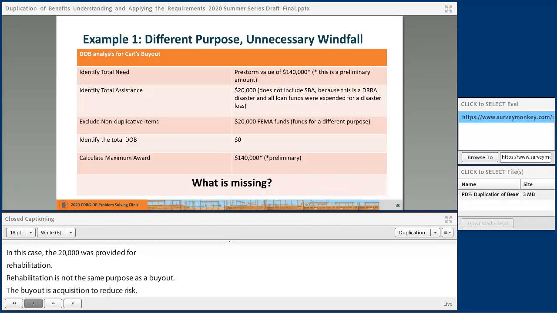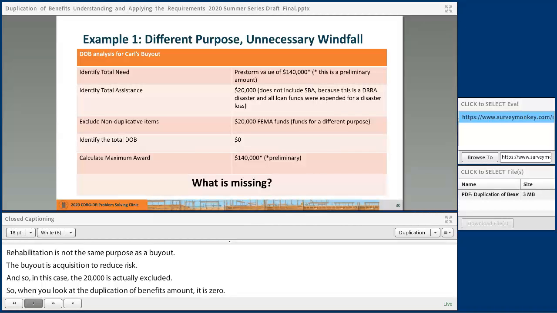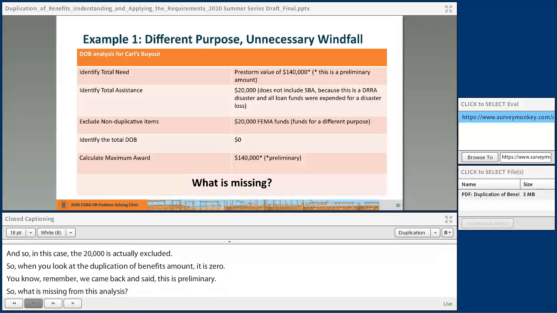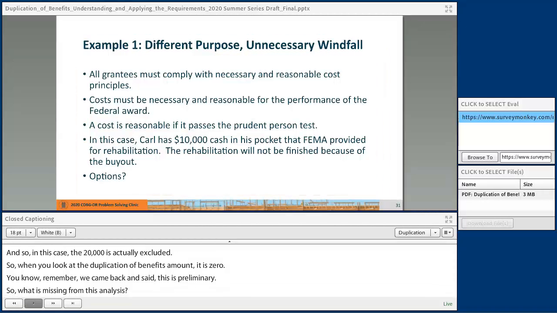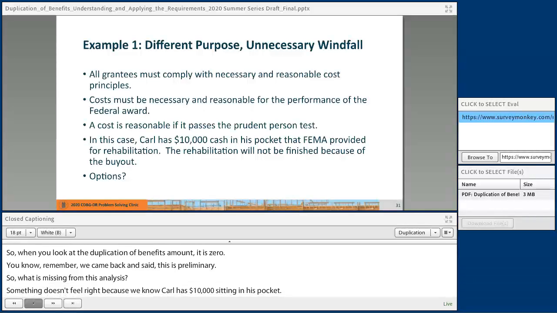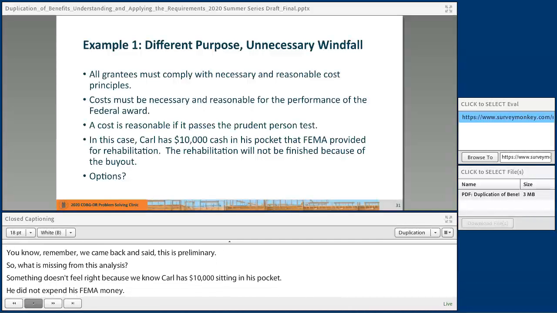And remember we came back and we said, this $140,000 is preliminary. So what's missing from this analysis? Something doesn't feel right because we know Carl has $10,000 sitting in his pocket. He did not expend his FEMA money. So when we're looking at this example, we know all grantees, as Michaela and Jen just talked about, have to comply with necessary and reasonable cost principles.